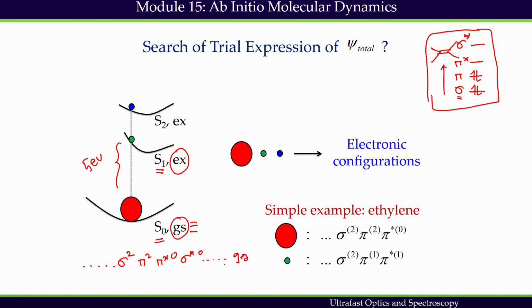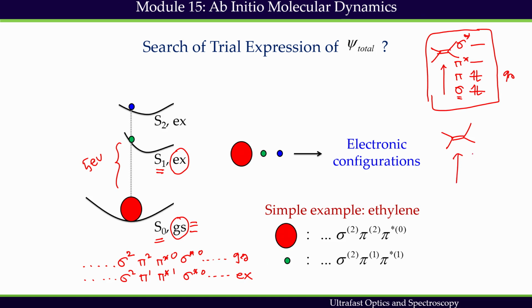For the excited state configuration, again dots, then sigma 2, and one electron from pi can be excited to pi star, with sigma star still 0. This is one of the excited state electronic configurations. So this is your ground state configuration, and for the excited state configuration we write in a similar fashion.